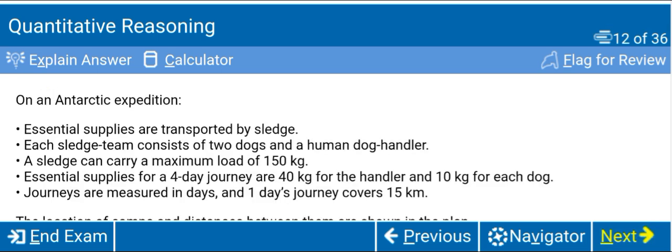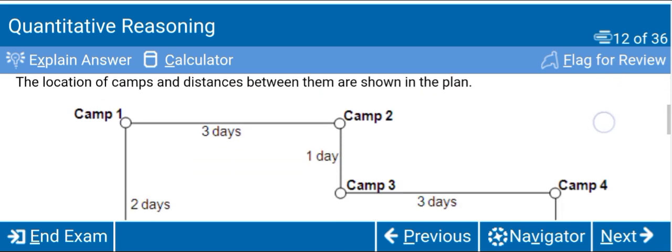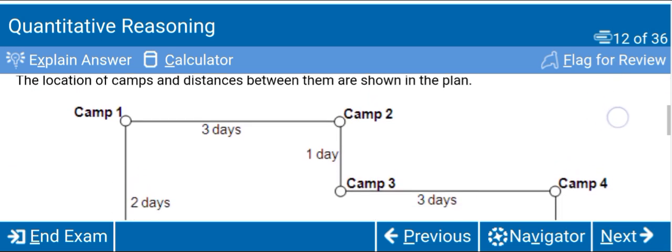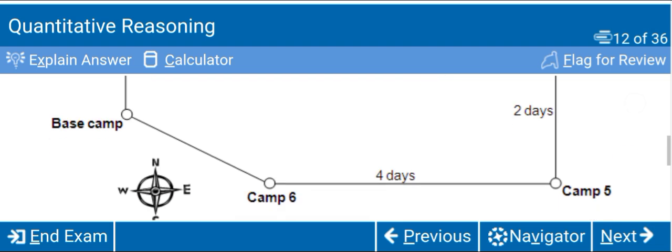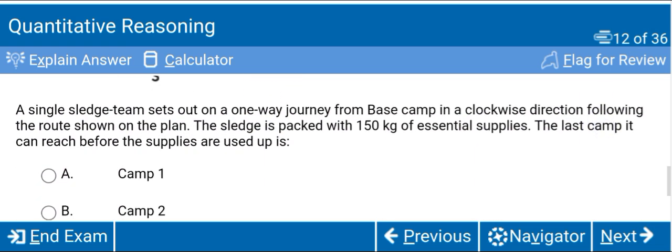Next question. Again we have the same passage given, and the same distance plan as you can see here. The question is that a single sledge team sets out on a one-way journey from base camp in a clockwise direction, following the route shown on the plan.